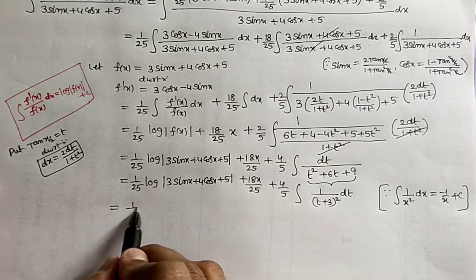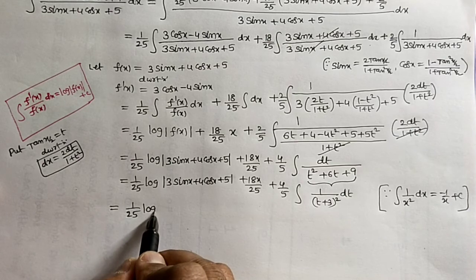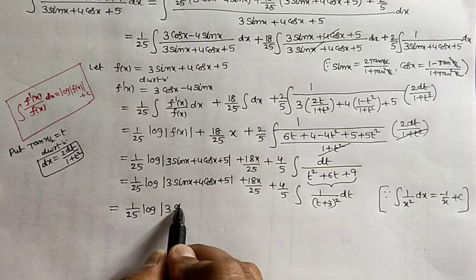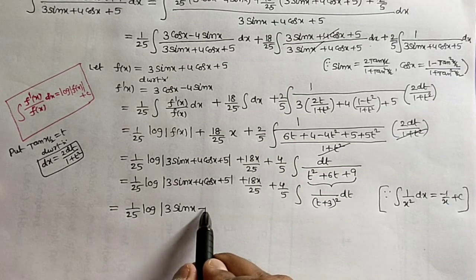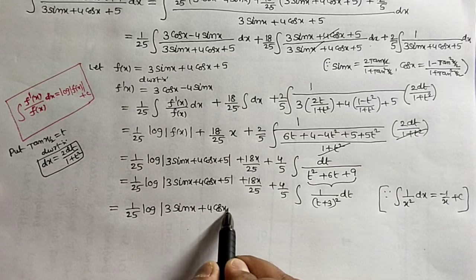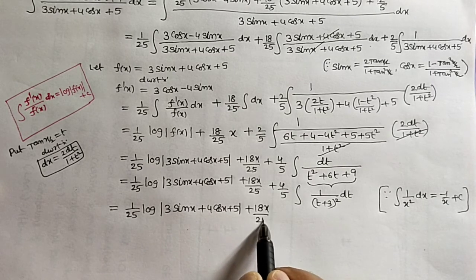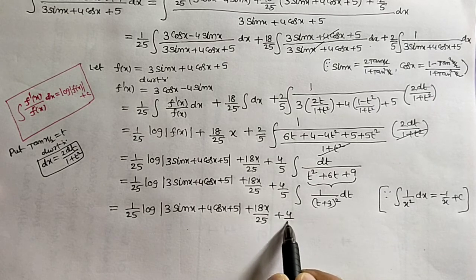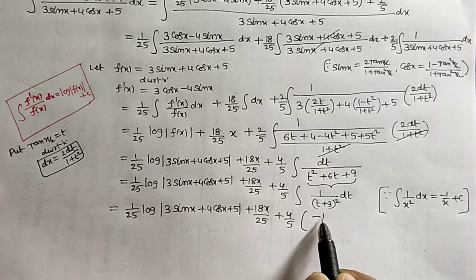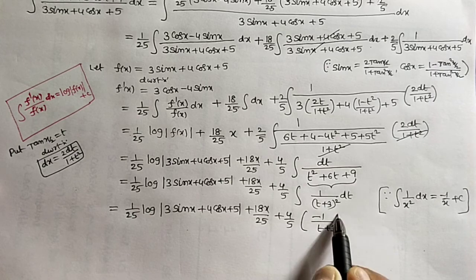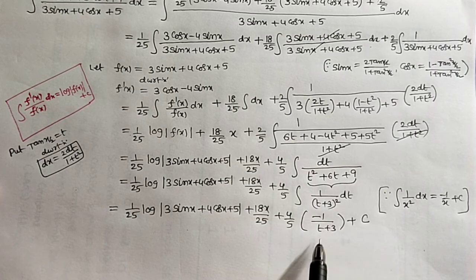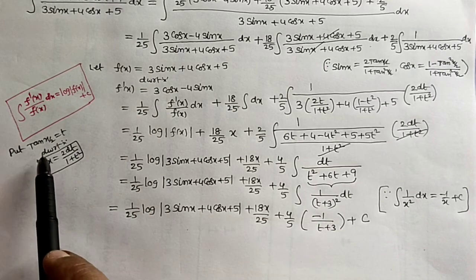So which is equal to 1 by 25 log mod 3 sin x plus 4 cos x plus 5, plus 18x divided by 25 plus 4 by 5 into minus 1 by t plus 3 plus c. In place of t, we assumed tan x by 2.